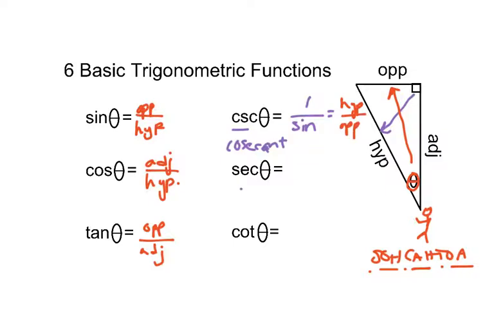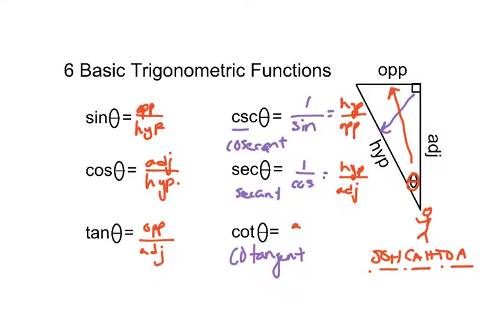Then down here we have secant, and secant is 1 over cosine. And so therefore we have hypotenuse over adjacent. And then we have cotangent, and that leaves us with adjacent over opposite, or 1 over tangent.